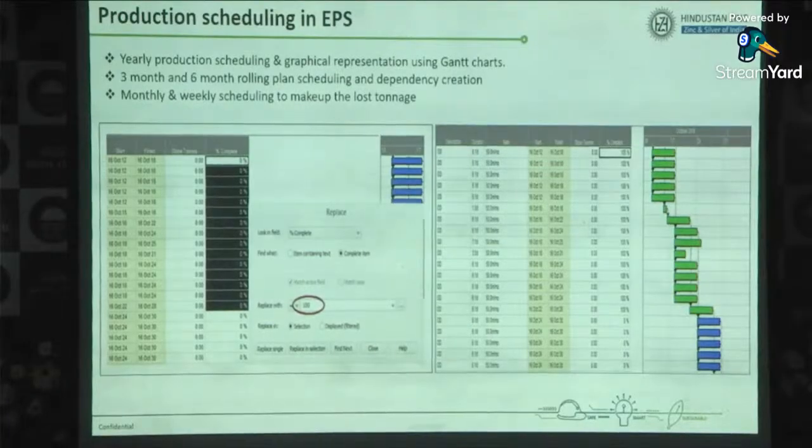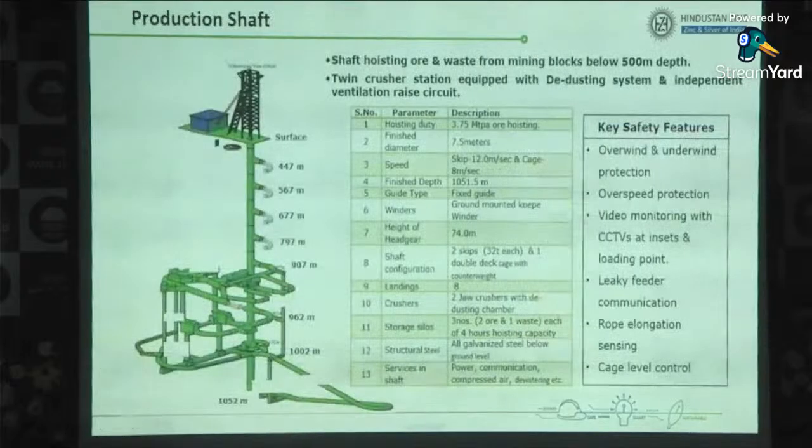Whatever delay there is in the past 7 days, 10 days, we used to revise our plan on a weekly basis. Then we have a month plan, then a 3 month plan, then a 1 year plan. Up to the 3 month plan we have development plans, and beyond the 3 month plan we have only stope wise plans, to build confidence in operations.